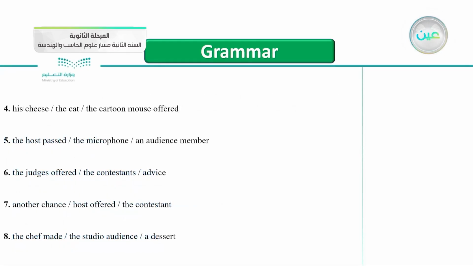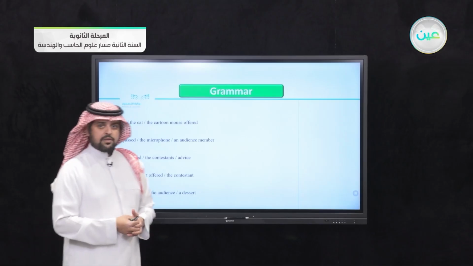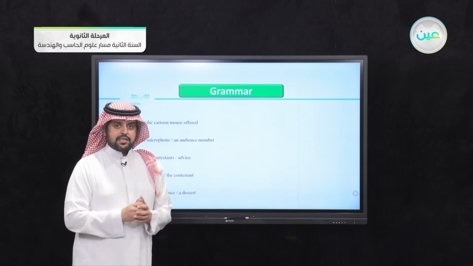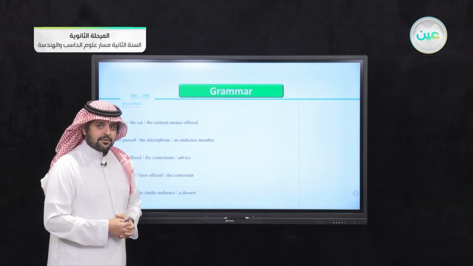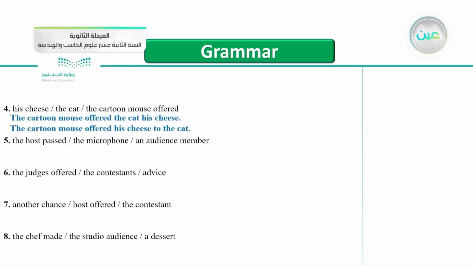Continuing here, the number 4, his cheese, the cat, the cartoon mouse offered. Cartoon mouse. Oh no, we know. Now we have cat and mouse cartoon. We know what cartoon this is. So his cheese, the cat, the cartoon mouse offered. Yes, excellent. The cartoon mouse offered the cat his cheese.